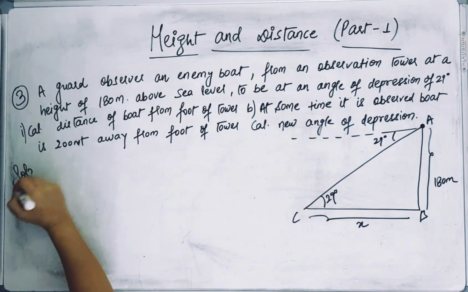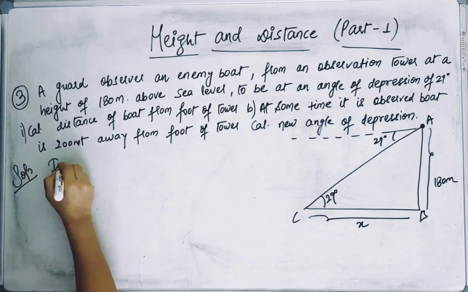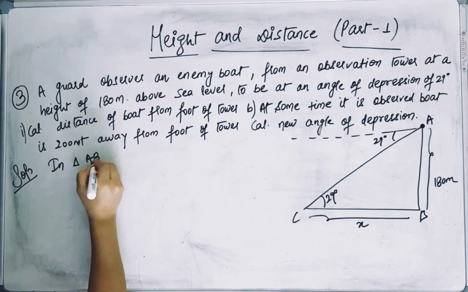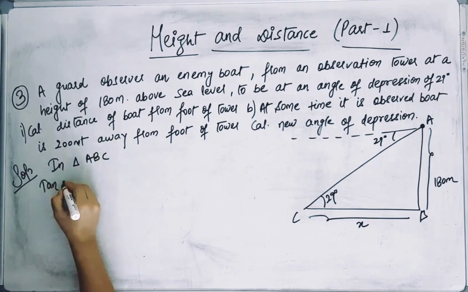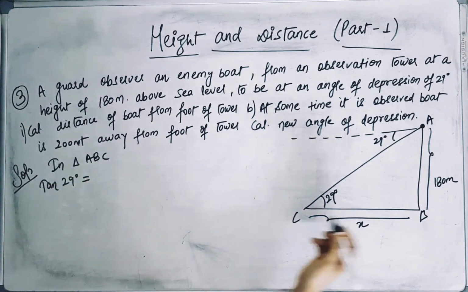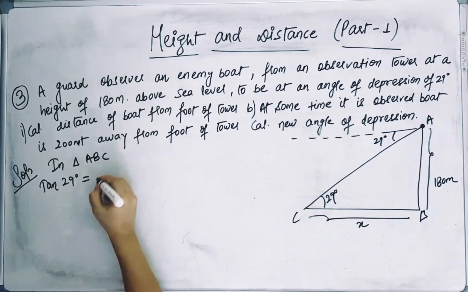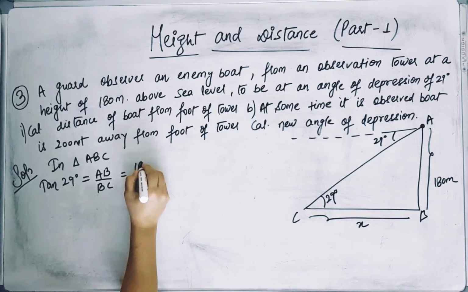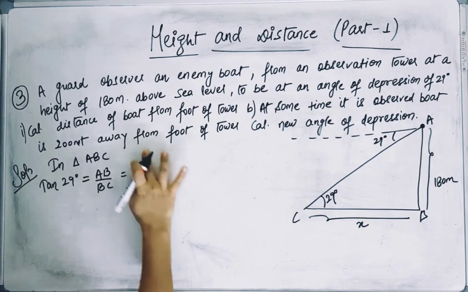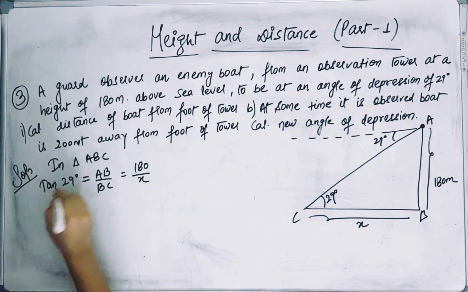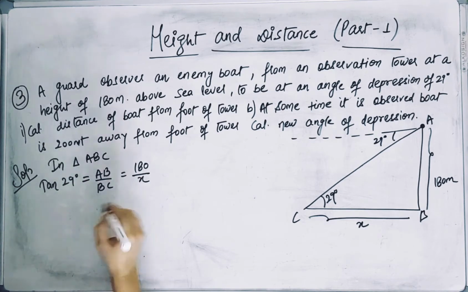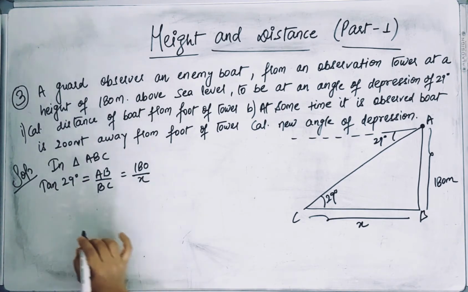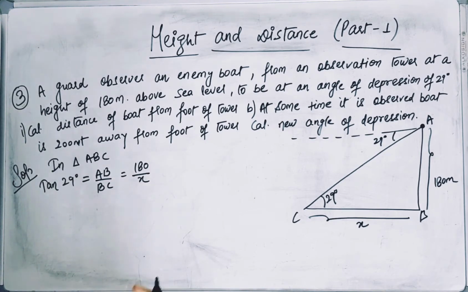I'll only solve it. So now in triangle ABC, tan 29, again relation is between perpendicular and base only. AB by BC. AB is what? 180 upon x. Tan 29, this value will be provided to you in question itself, because we know only the values of 0, 30, 45, 60 and 90.